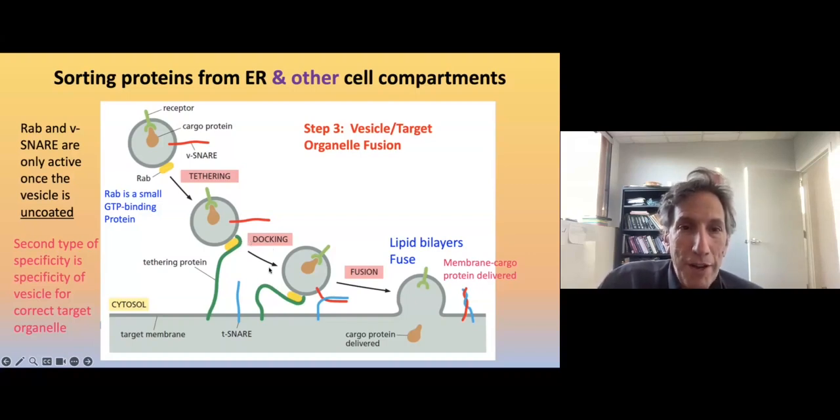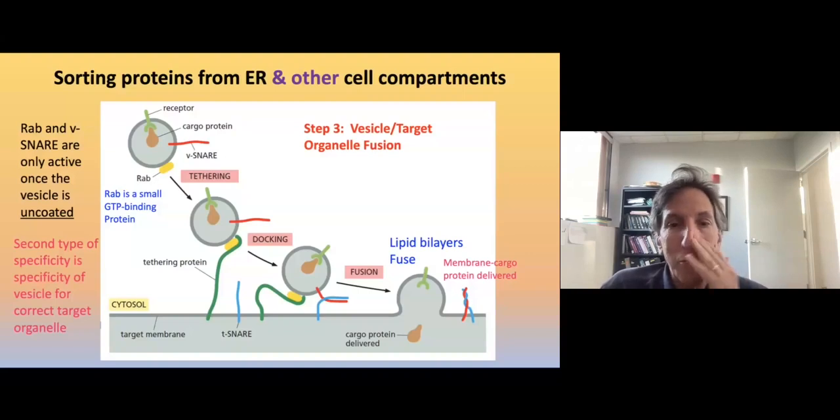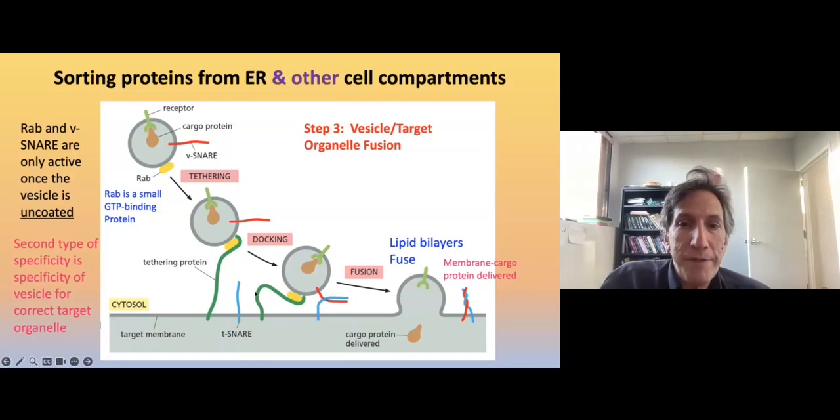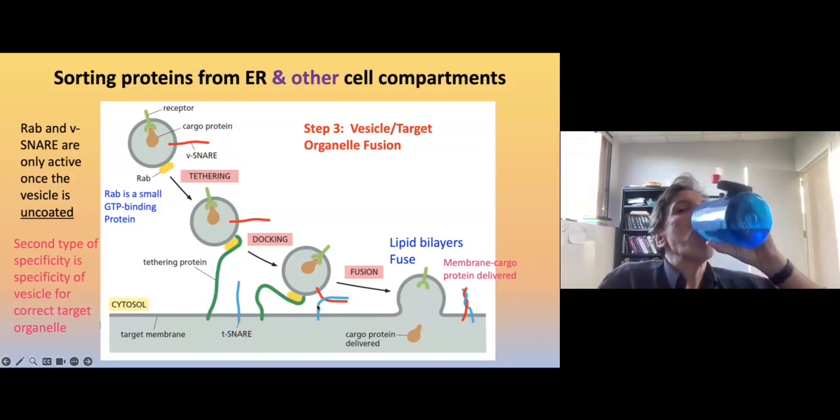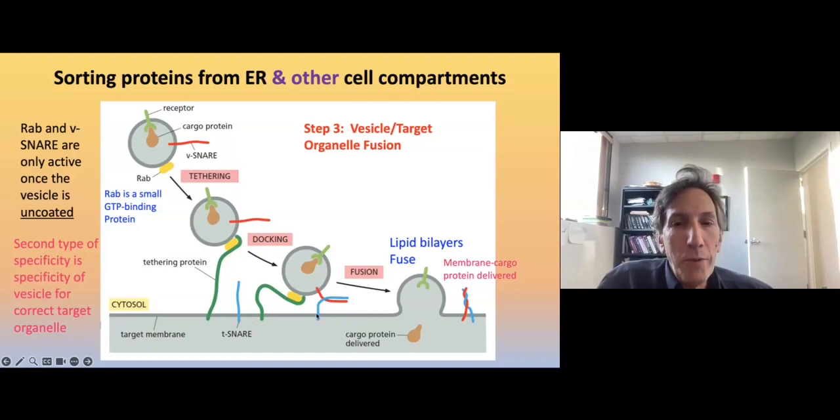What's important there is this V snare. The V snare is covered by the coat protein, so it's never going to be able to do its job until the coat protein is removed. Its job is to form a very stable structure with another protein called T snare.